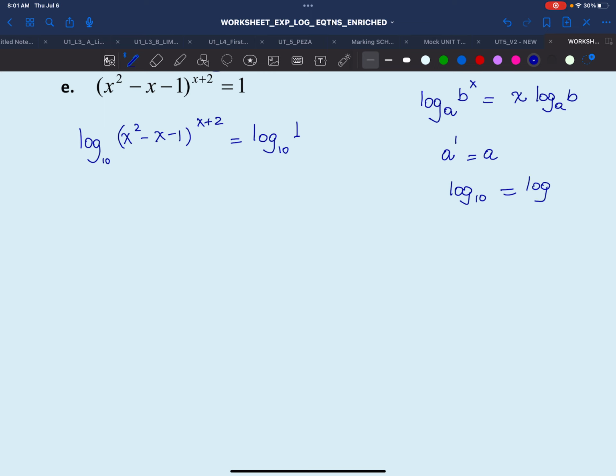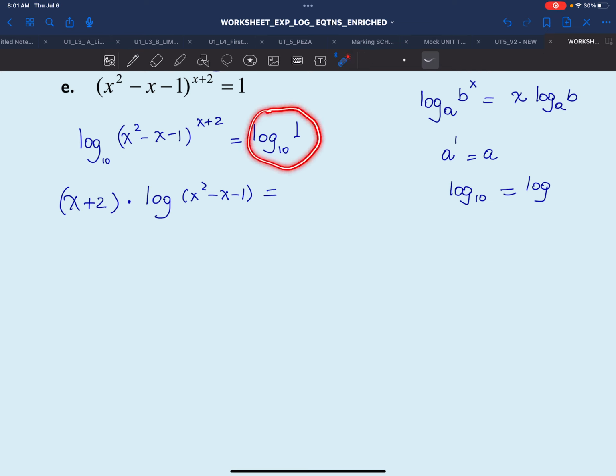Applying the power law here, x plus 2 becomes a coefficient, multiplying log of x squared minus x minus 1. Now, the term on the right side is numerical, which means we can find the value of it. You can estimate it in your head.